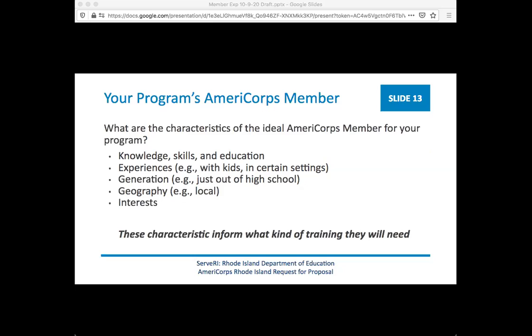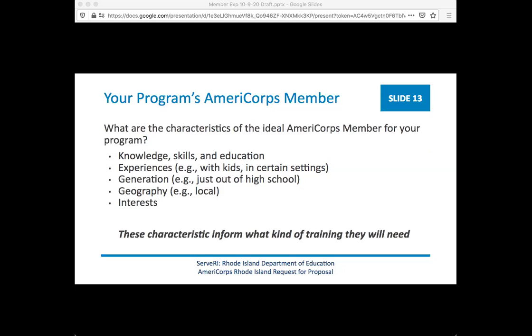Obviously, if they need to be delivering a reading program, they're going to have to be trained on certain foundations of literacy and what the expectations of that program are. As you're working on your position description and thinking about that need, you can start putting placeholders in for the training that AmeriCorps members will need to be onboarded.